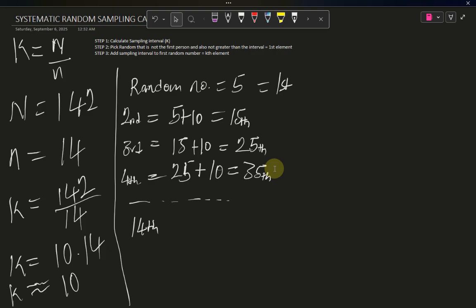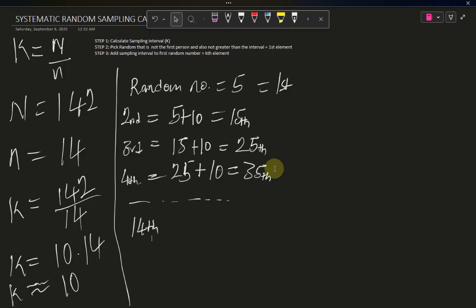All you have to do is divide 600 by 20 to get your sampling interval. She proceeds to ask, if the first name selected is number 8, what are the second, third, and eighth elements to be selected?